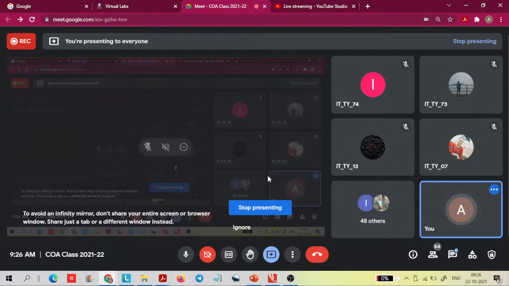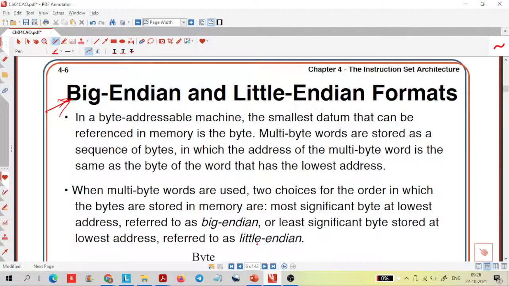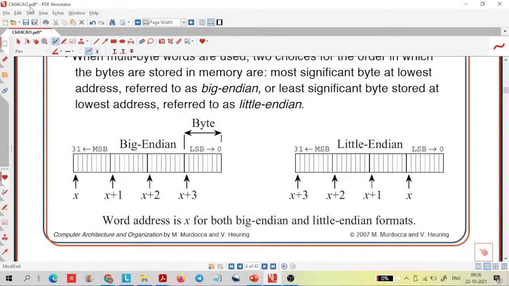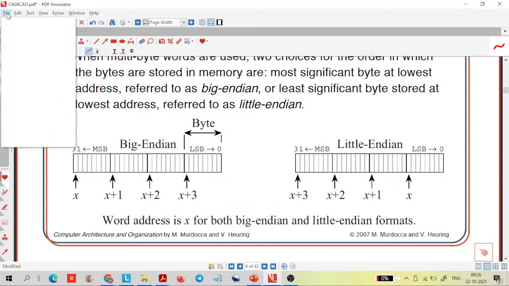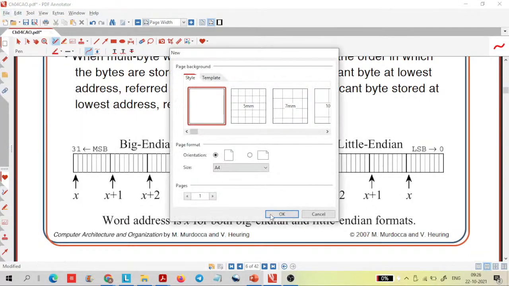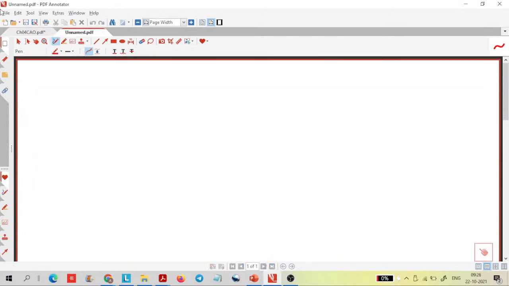Yes, roll number 7. Can you unmute? Roll number 7. Yes, sir. Can you tell me a 4-byte hexadecimal number?